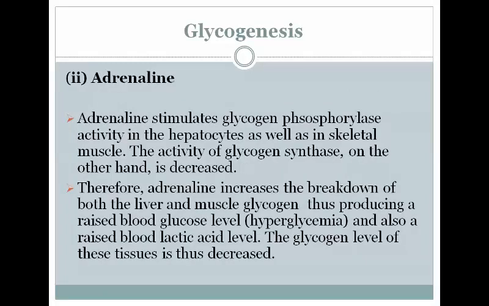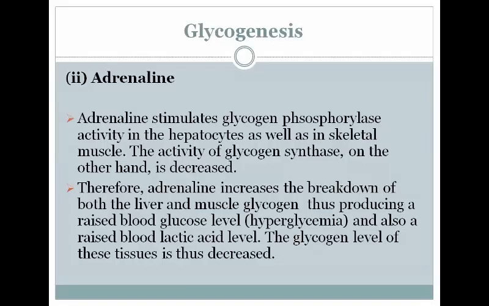The second hormone, adrenaline, has the opposite effect to that of insulin on phosphorylase because it stimulates glycogen phosphorylase activity in both liver cells and skeletal muscles. And this hormone also decreases the activity of glycogen synthase.